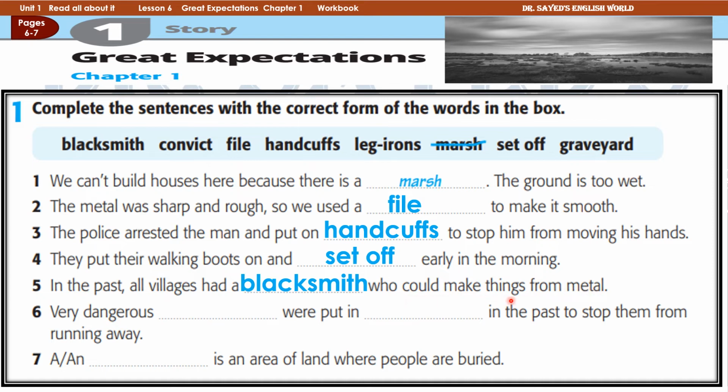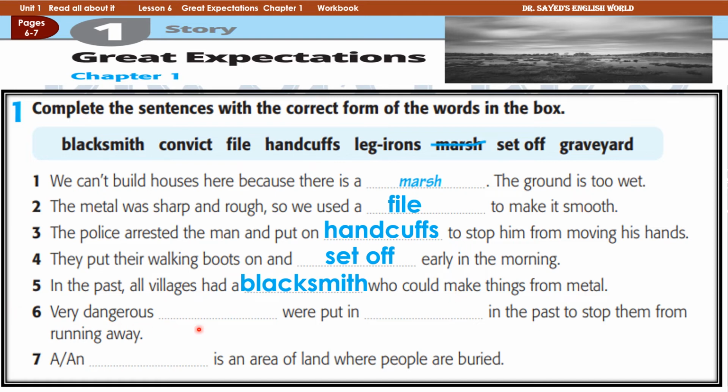I remember I used to live in a village, now it's a city, Al-Rawda in Damietta. And there was a blacksmith in the village, and while going around, I used to see him working.